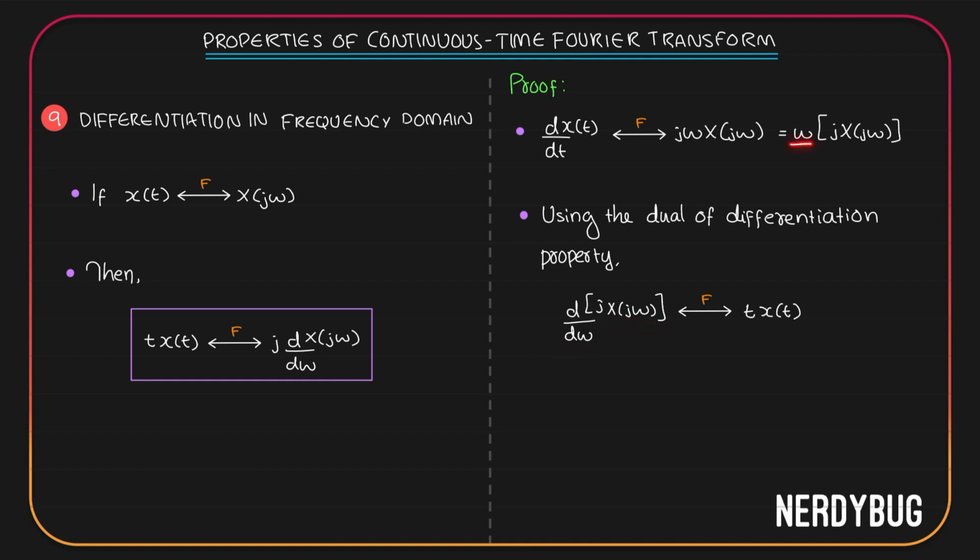Here we got omega, instead of that we put t. Here we put j x of j omega, instead of which we took x of t. D by dt of x of t gave us omega multiplied by j x of j omega. If we do the opposite, d by d omega of j x of j omega gave us t multiplied by x of t.